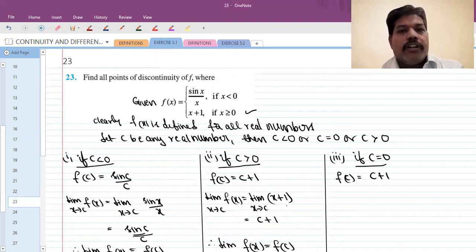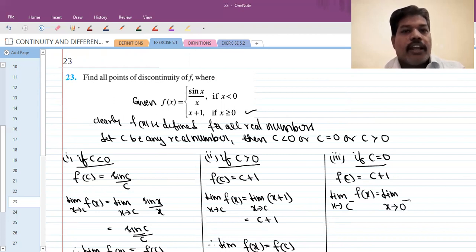Next, the left hand limit. The left hand limit, we can take as limit x tending to c minus of f of x. Limit x tending to c minus means 0 minus.